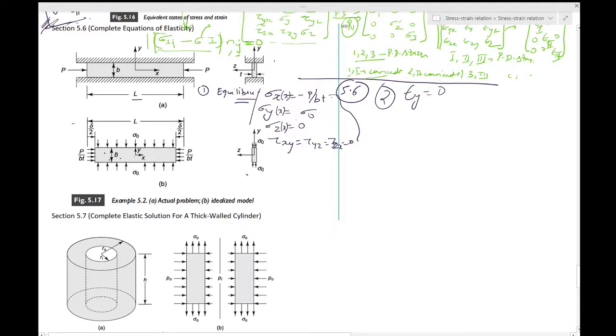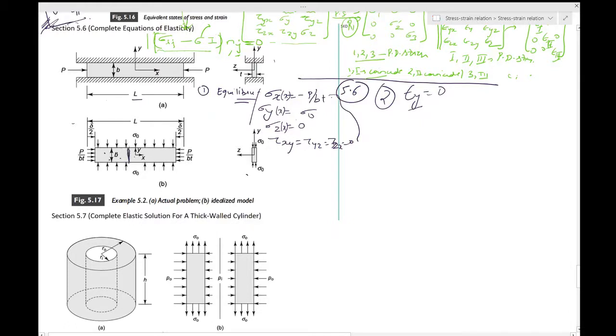The only important part about this is the x direction, because it's a long thin plate. So the strain is 0 at the boundary, and because b is small compared to L, it is 0 throughout this.